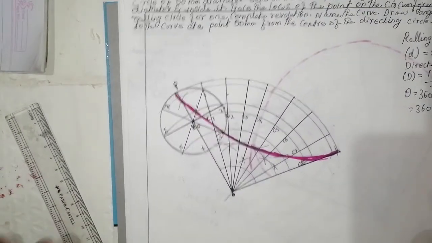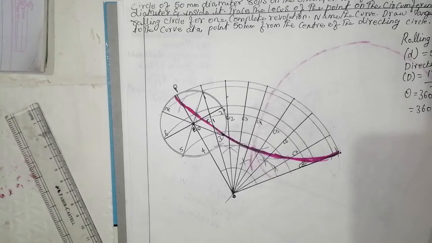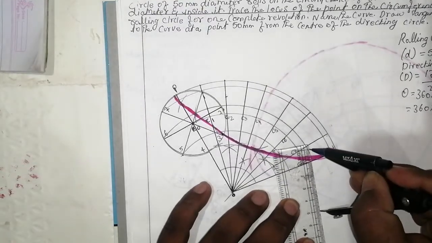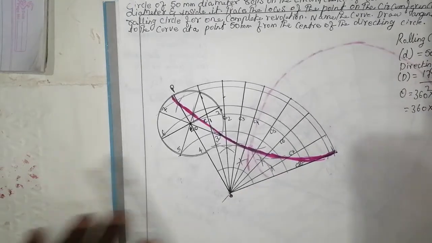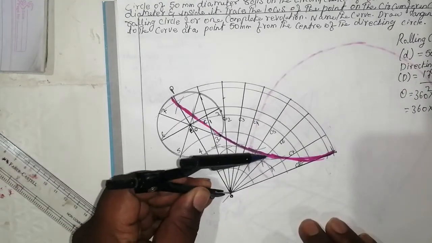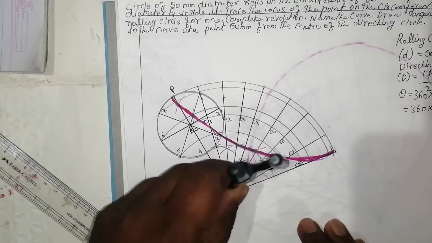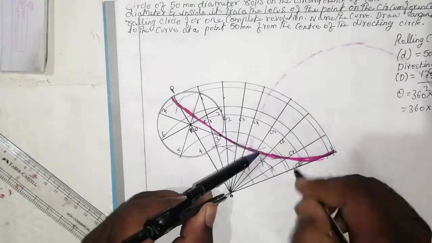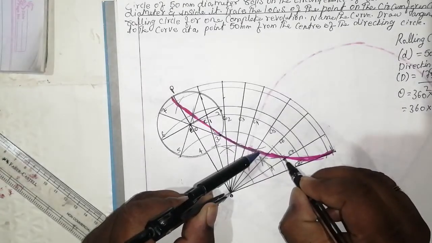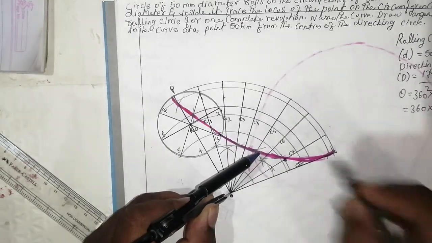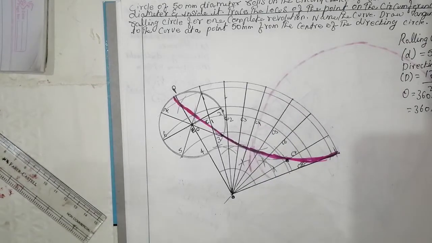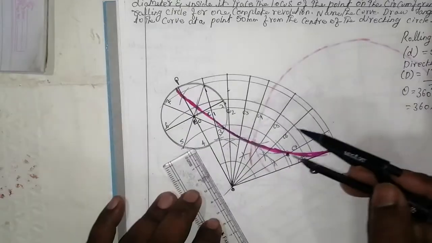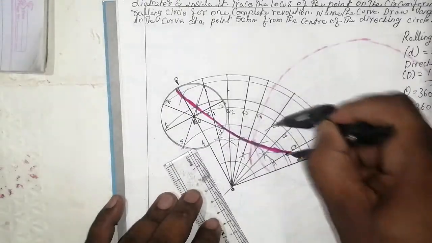Then after that, how to take a tangent using a compass. Take 50 mm. See, the diameter which is given is 50 mm. Keep on the point, cut one arc. See, it will cut here. It will cut here. After that, take here again 25 mm. Take here, cut one arc.